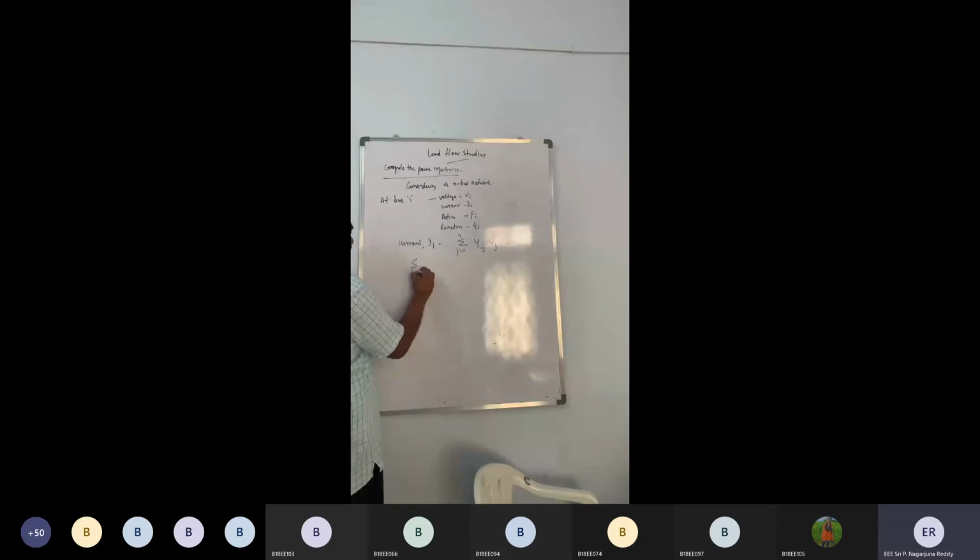We know that the complex power is equal to Vi into Ii conjugate. Do you remember this formula? Complex power is Vi Ii conjugate. So at the ith bus, S is equal to V into I conjugate. Now, I am trying to apply conjugate on both sides.